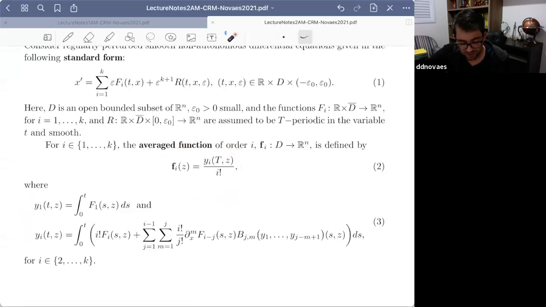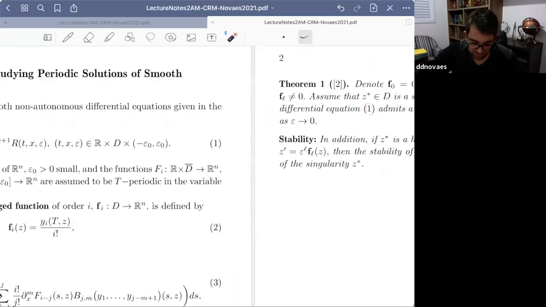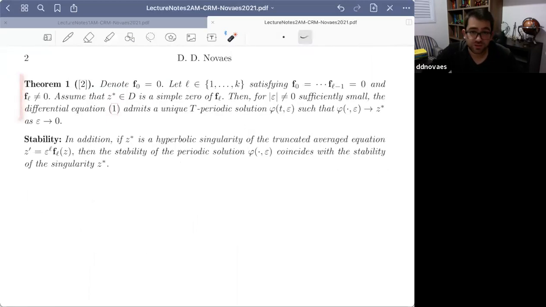And the averaging method states that simple zeros of the first non-vanishing averaged function correspond to periodic solutions of our difference equation. So this is the main theorem that we have studied in the first class.